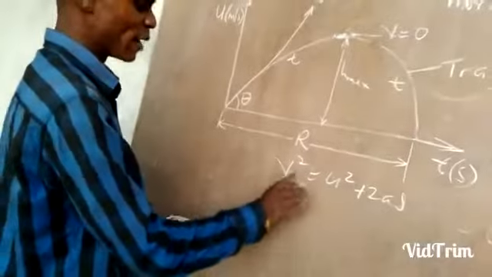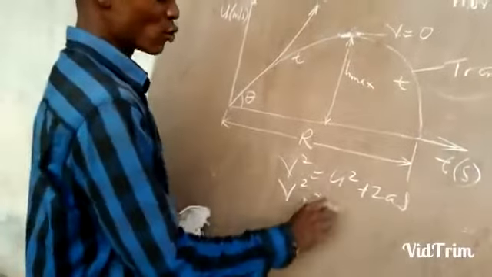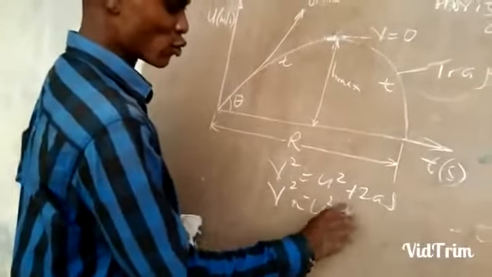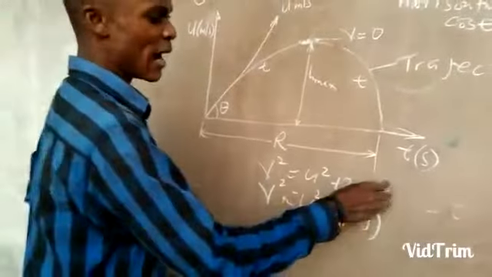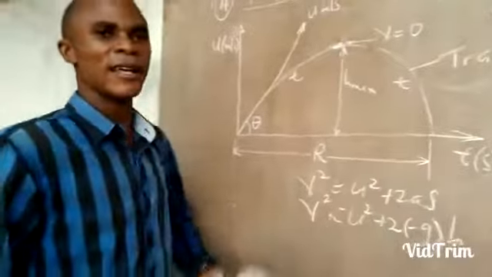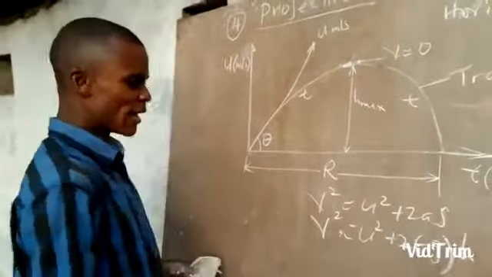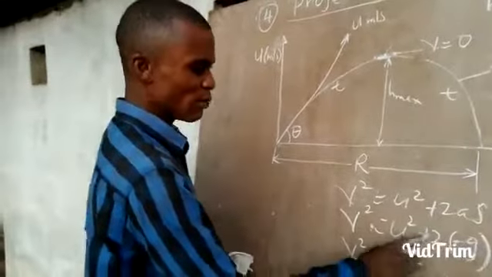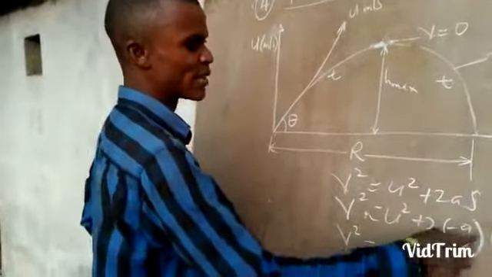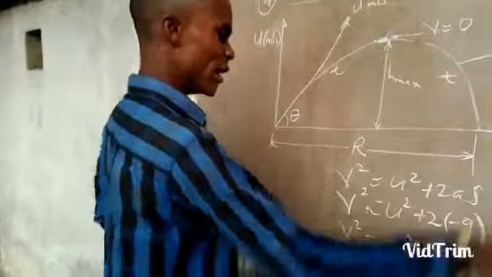But we are changing parameters here. We have u square plus 2, a changes to minus g anytime the object is moving upward, and s changes to h. The s always changes to h. So we have v square equals u square minus 2gh.